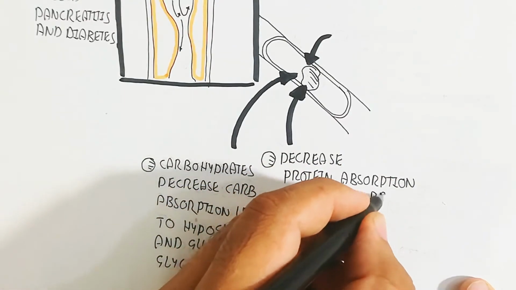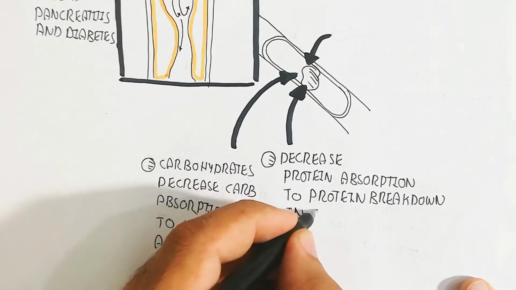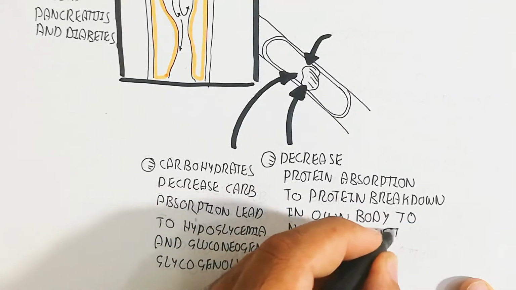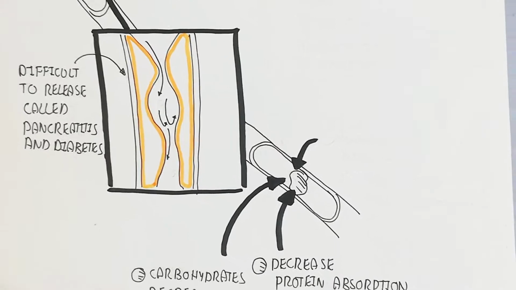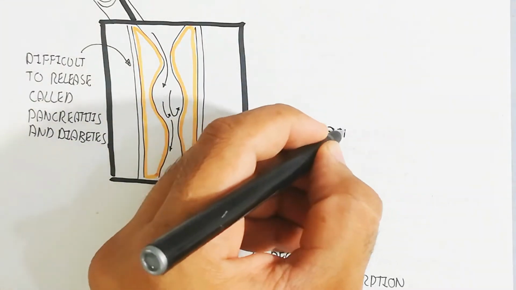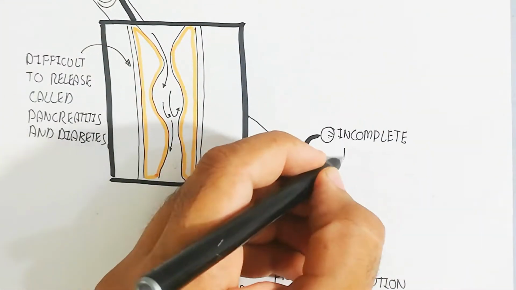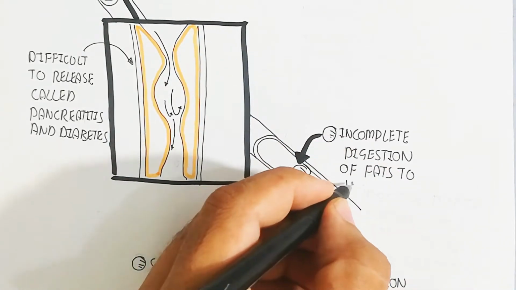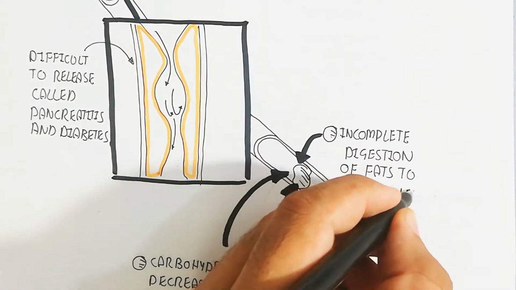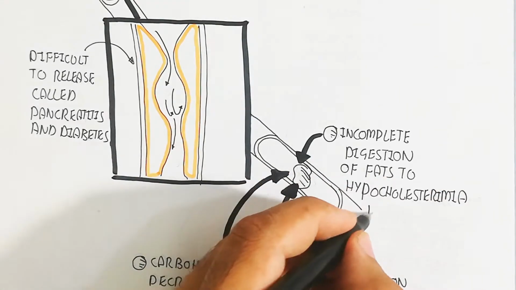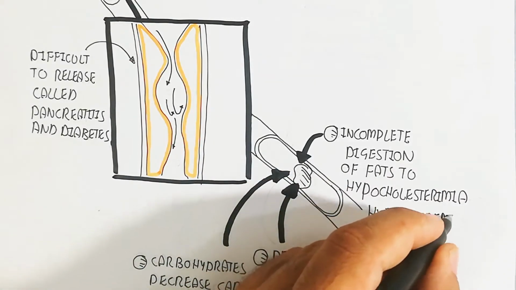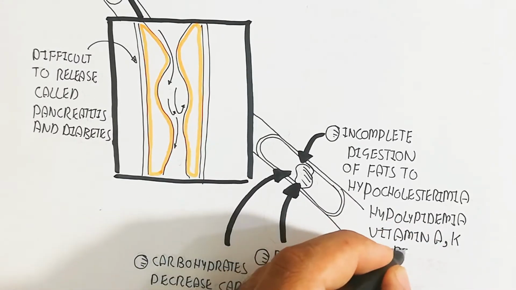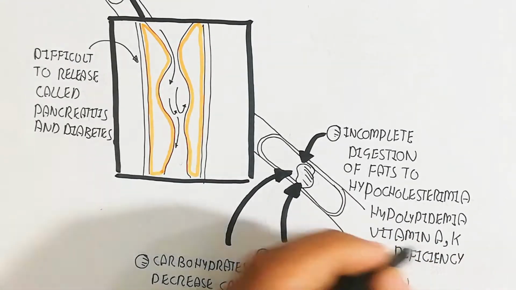Decreased protein absorption means the body's own protein is broken down for normal function. Incomplete digestion of fat leads to hypocholesteremia, hypolipidemia, and vitamin A, K and B12 deficiency due to less absorption.